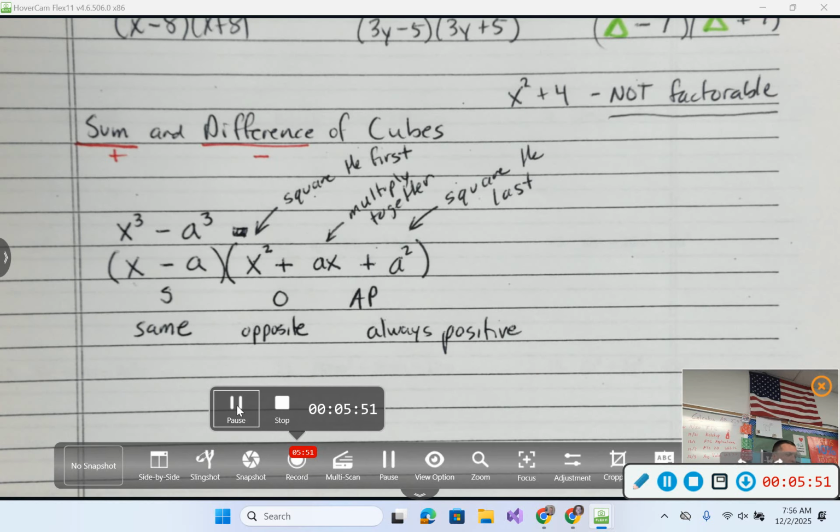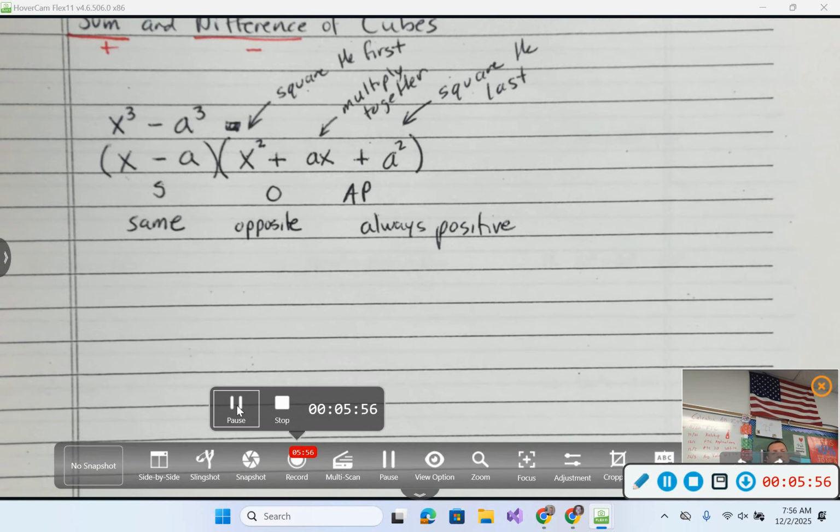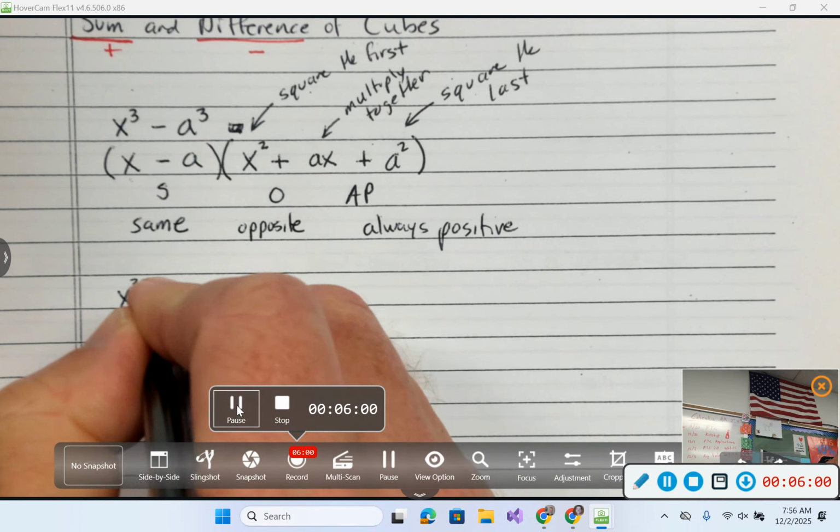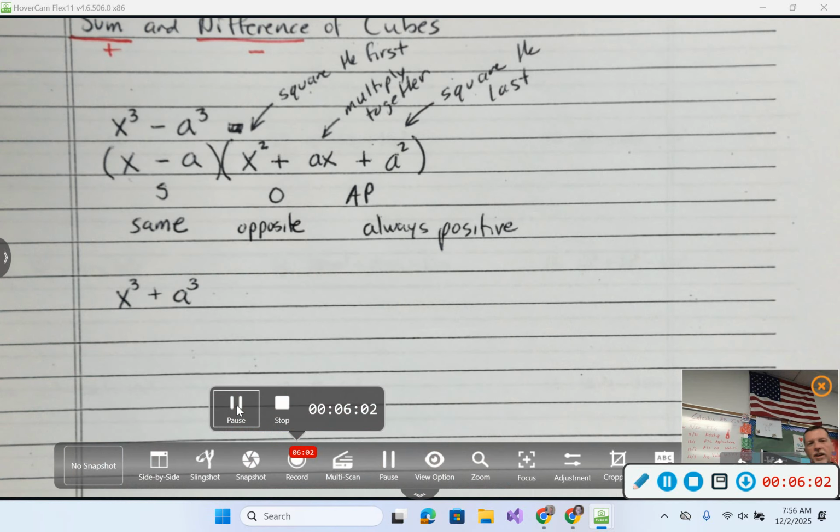So that's the new thing for today. You've got to learn that pattern. Let's do it with plus, but it works the same way. Mr. Wolf, you're my favorite AP. Always positive.